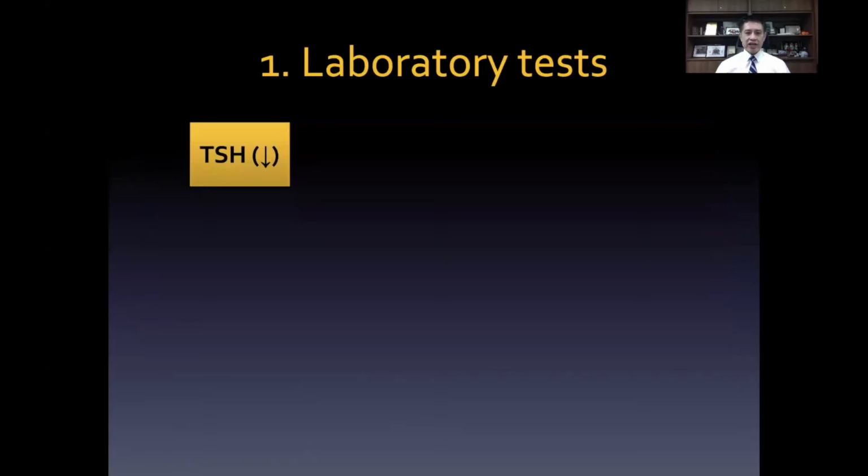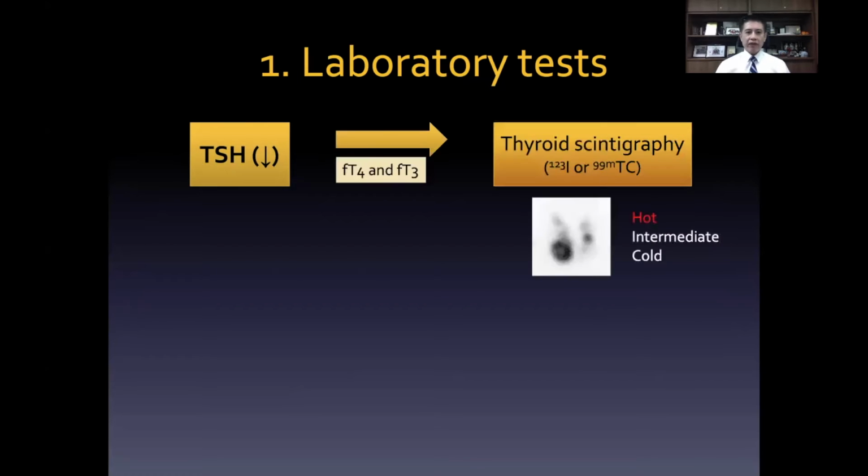First up, we check the thyroid stimulating hormone, TSH level. A low TSH level indicates either subclinical or clinical hyperthyroidism. And we follow that up with a check of the free T4 and free T3 and a thyroid scan, which can detect an autonomously functioning hot nodule, which is rarely malignant and doesn't need to be biopsied unless the ultrasound shows suspicious features.